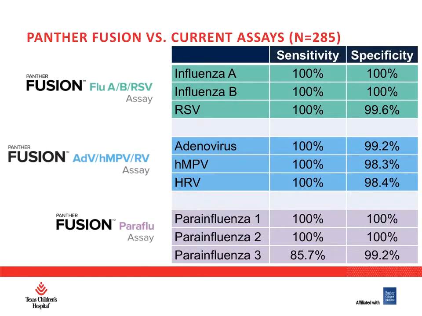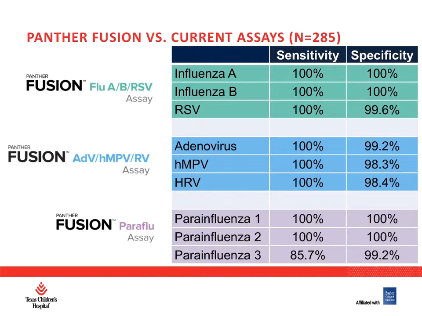So overall, we found that Flu A and B and RSV had 100% sensitivity, as did the adenoviruses, rhinovirus, Para1 and Para2. We had a small number of Para3s, but the Fusion missed a few of those. And I mentioned earlier that the Fusion also detects Parainfluenza 4.